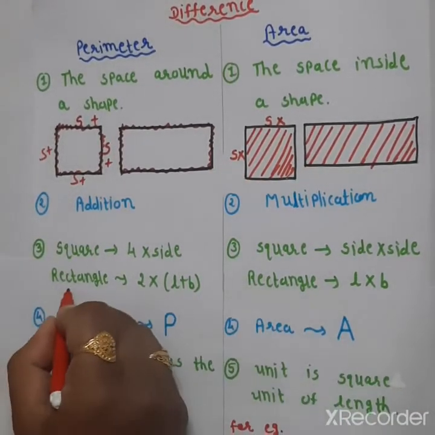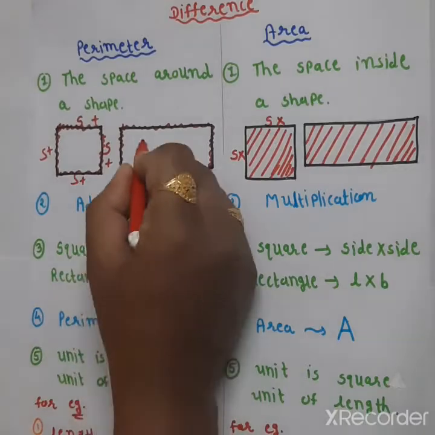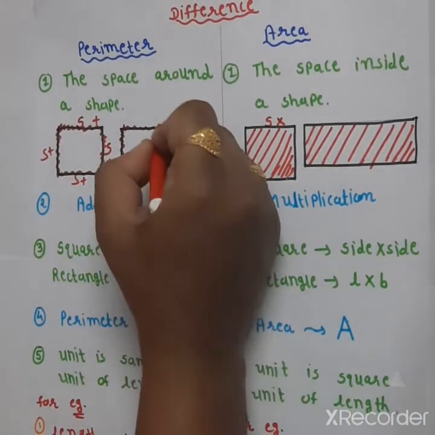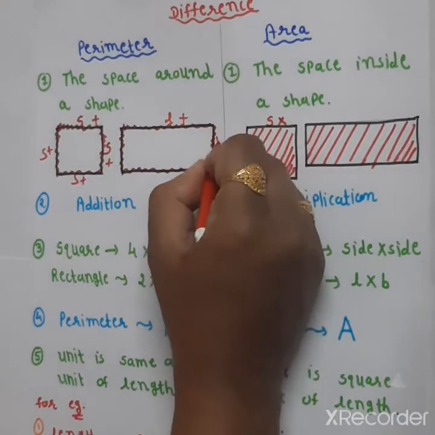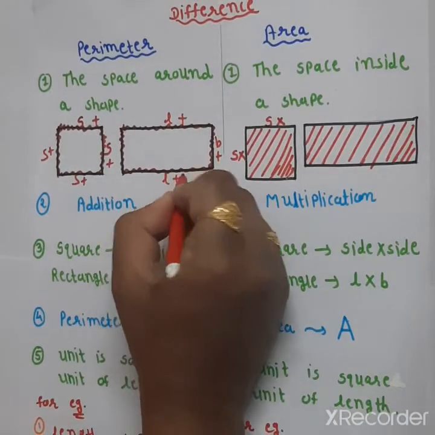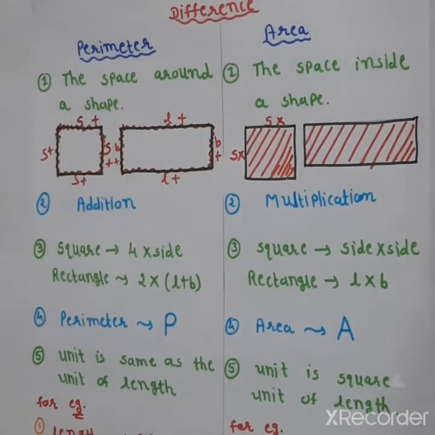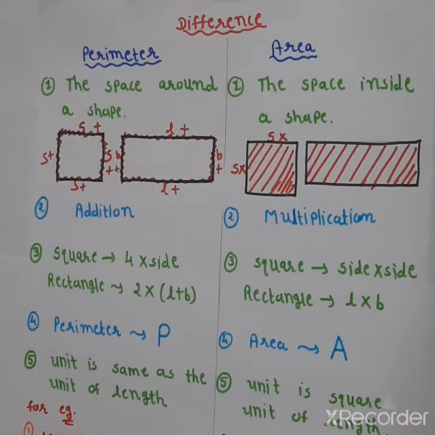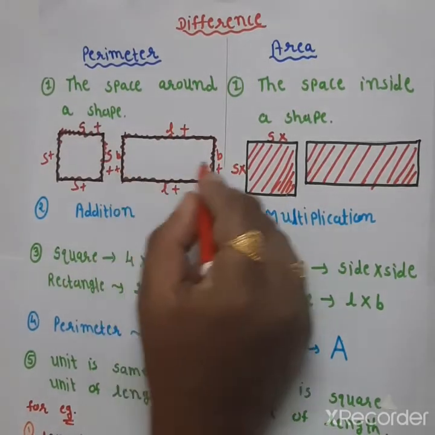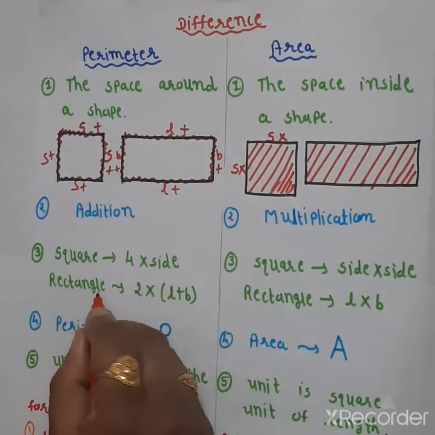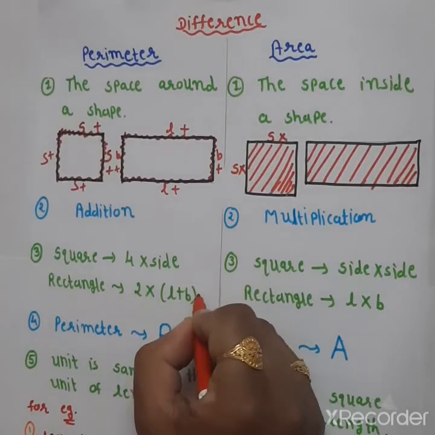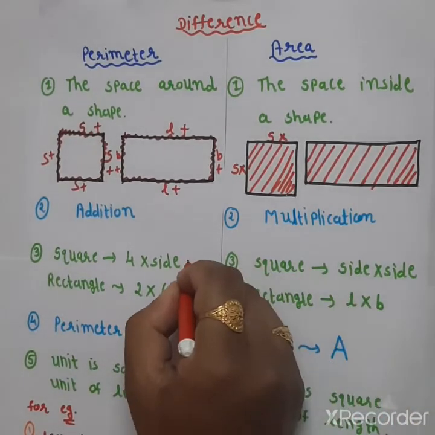Okay. To find out the perimeter of a rectangle, we will add all its sides. That is length plus breadth plus length plus breadth. So 2 times length and 2 times breadth. That means the perimeter of a rectangle is equal to 2 into (length plus breadth). This I have explained.